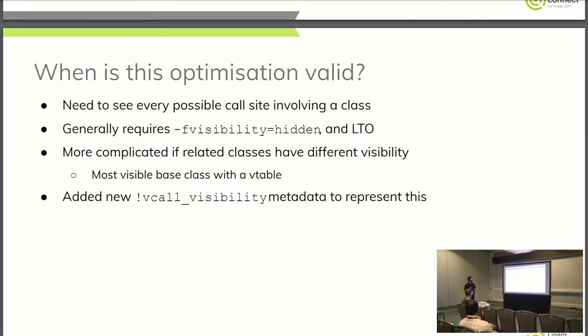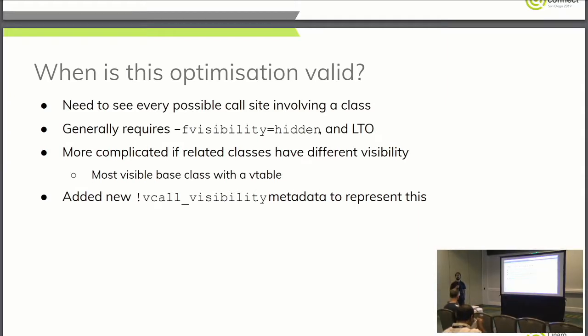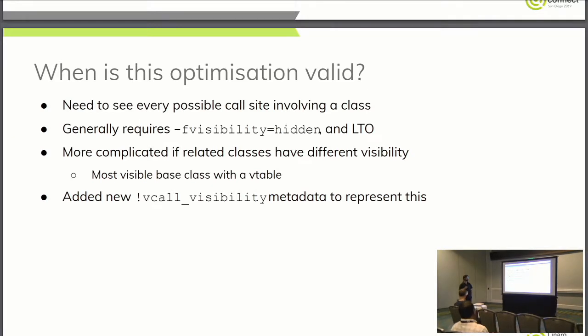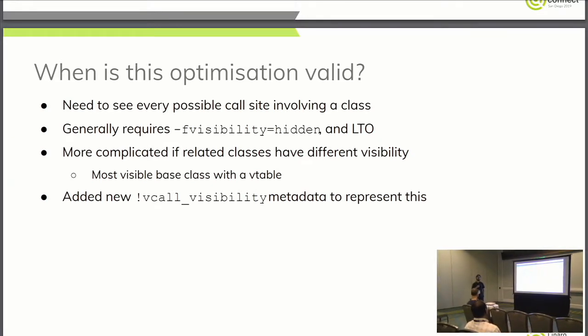So this isn't always going to be valid. We need to know that we can see every call site that could possibly go through this class, which in general means you need to build with hidden visibility and with LTO. It can also work on classes in anonymous namespaces, but there's not going to be much dead code there.